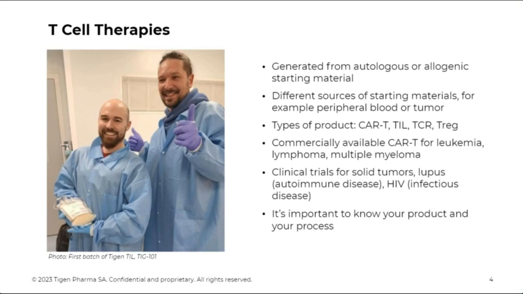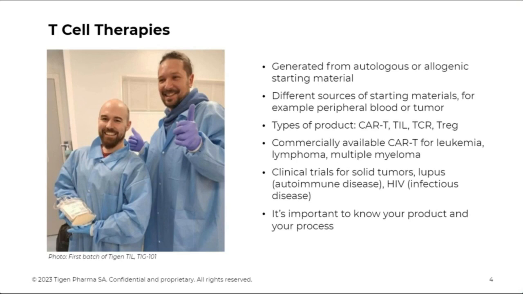There is also a product called TIL, tumor infiltrating lymphocytes. We have TCR T cells, which are antigen specific T cells, and we also have regulatory T cells. Note that this is not an exhaustive list, and it's expanding quite frequently because the area is evolving so quickly.